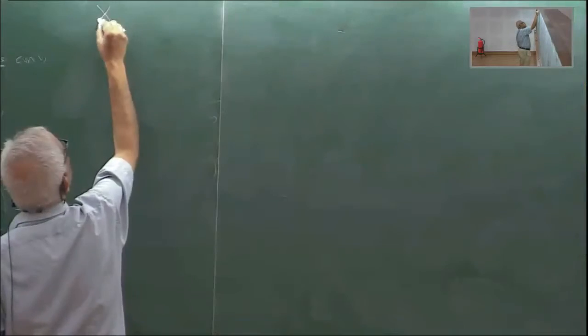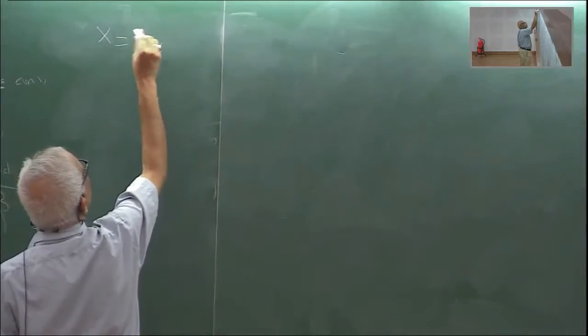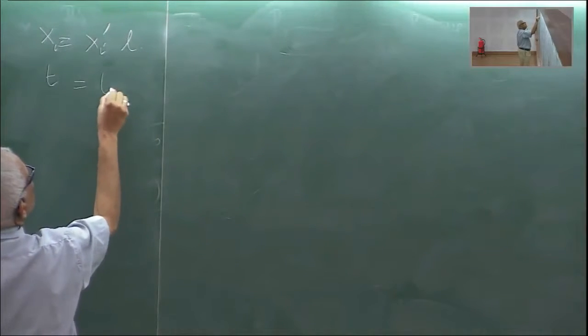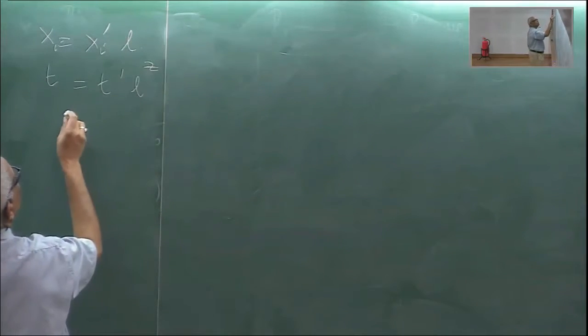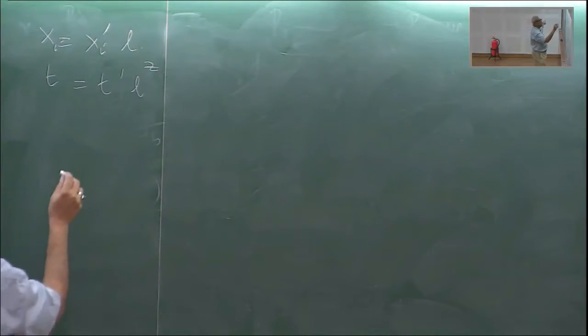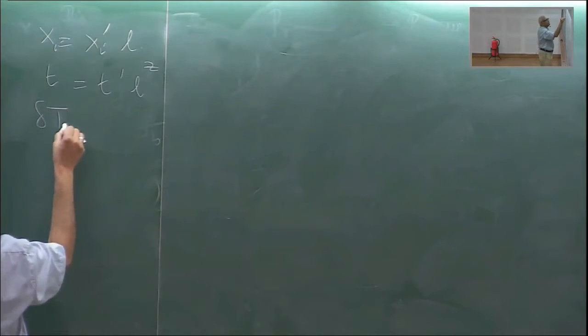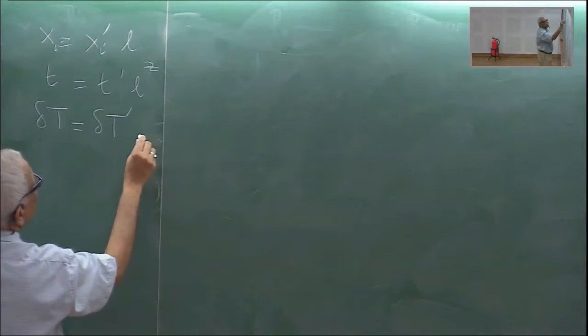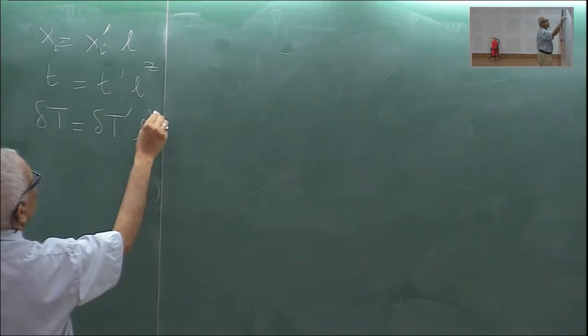That is, xi is xi prime times L, t is t prime times L to the power z, and there is a new one which is delta T, and delta T is equal to delta T prime, let's say, L to the power y.